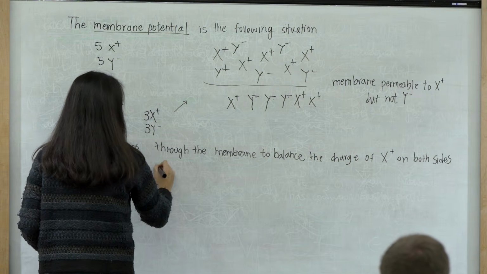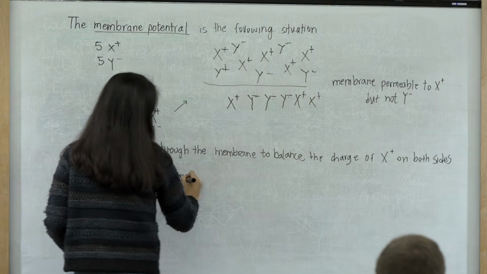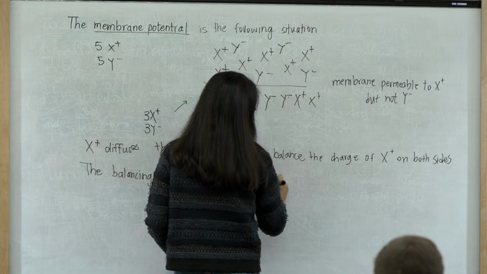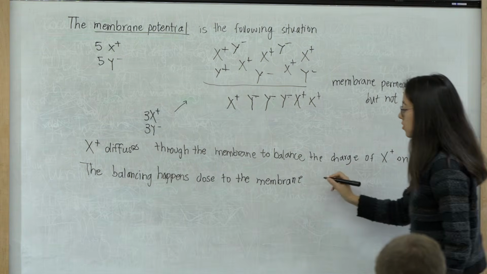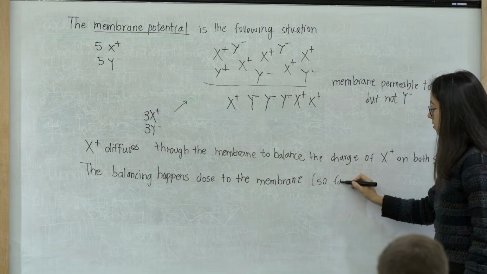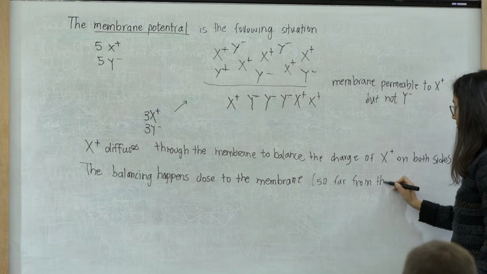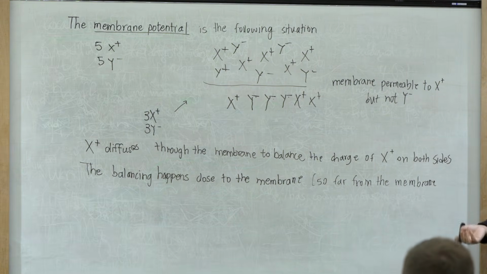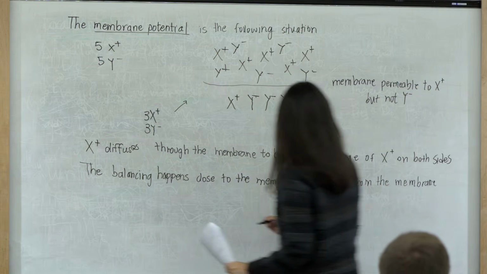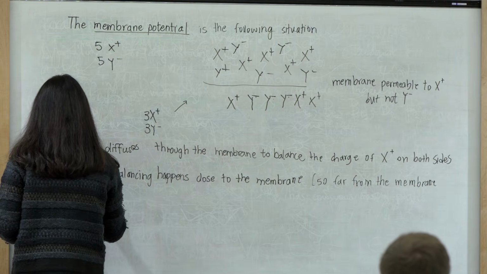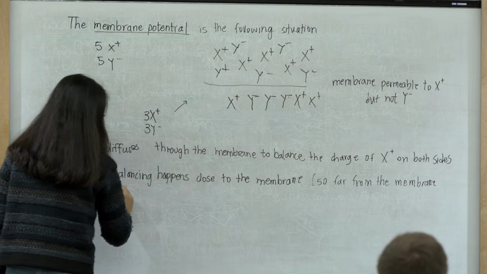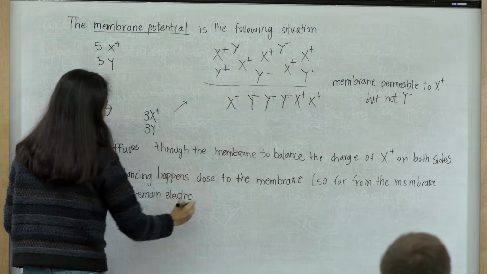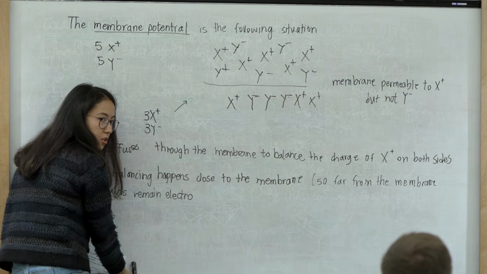The balancing happens close to the membrane. And in this case, far from the membrane you don't have any buildup of charges, so basically things are electroneutral. When I'm talking about liquids here, I'm talking about these salts that we said, right? Cells are made up of water with dissolved salts, we said.